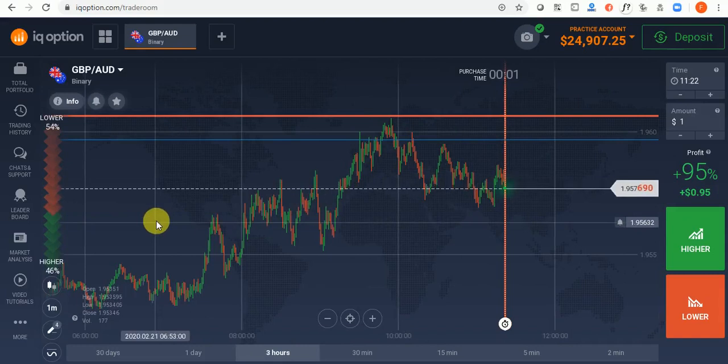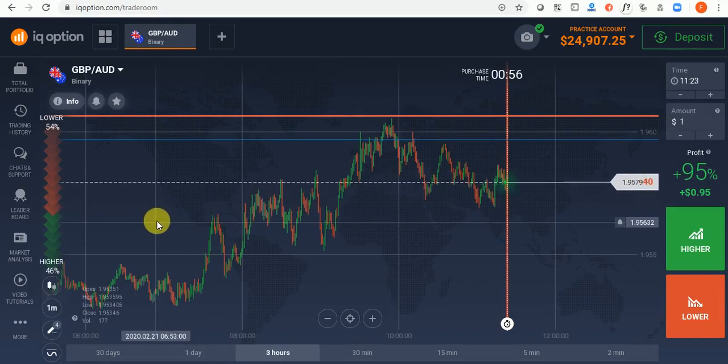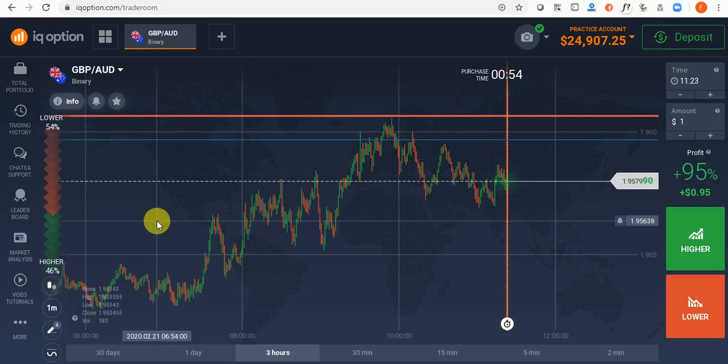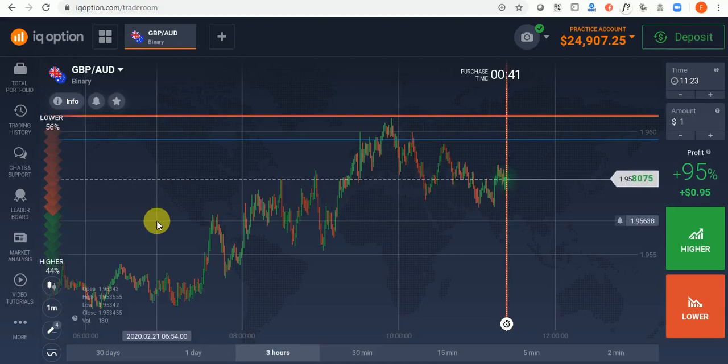In determining how many minutes you trade, because in binary you get to trade from 30 seconds, to 1 minute, to 3 minutes, to 5 minutes, to 6 minutes, even to 1 hour, to 1 day, what you need to note is where the market will be after the expiry has been reached.